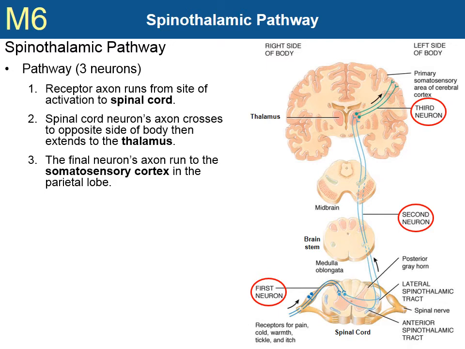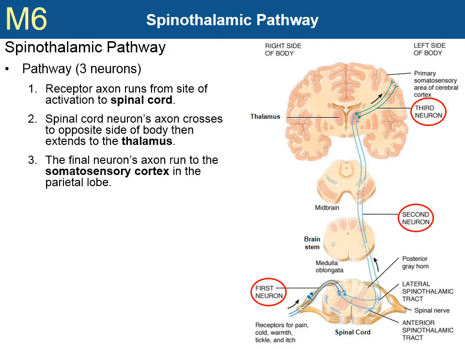In the spinal cord, it synapses with another neuron, and there in the spinal cord crosses to the opposite side of the body, and that axon runs to the thalamus, and from the thalamus to the somatosensory cortex.